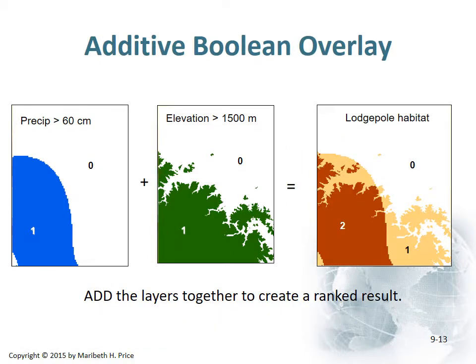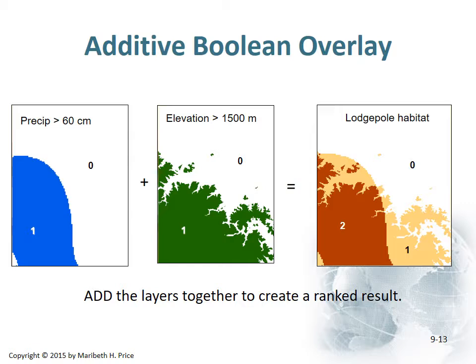Another way that we can combine the Boolean inputs, instead of using AND, what if we used just basic arithmetic and added them together? So we have inputs of 1 and 0 from the precipitation raster, 1 and 0 from the elevation raster. Our potential range of values in the output is 0 to 2.